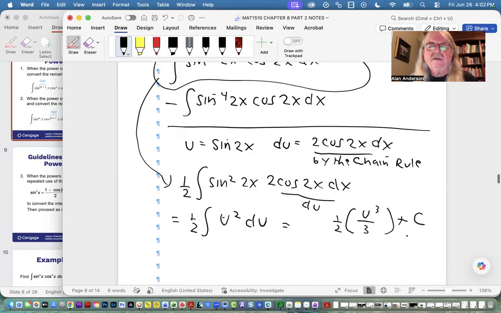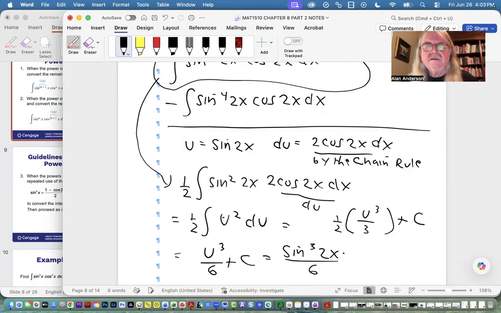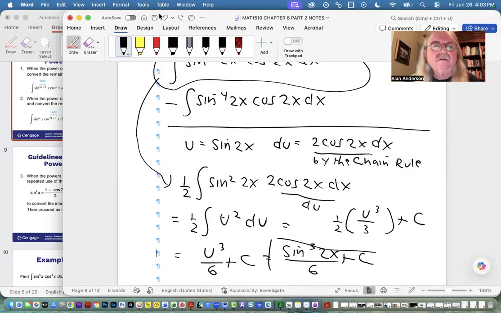And so we're going to end up with u cubed over 6. And of course, u is sine 2x, cubed. There it is. Oops. Let's make that a little neater.